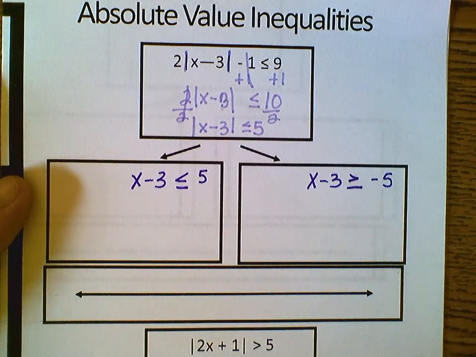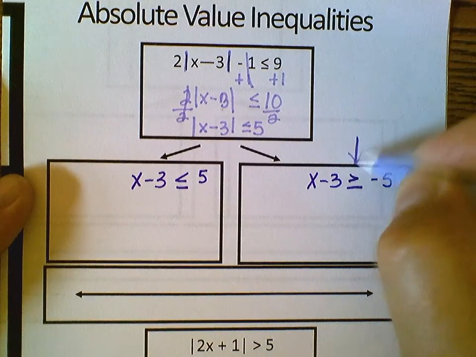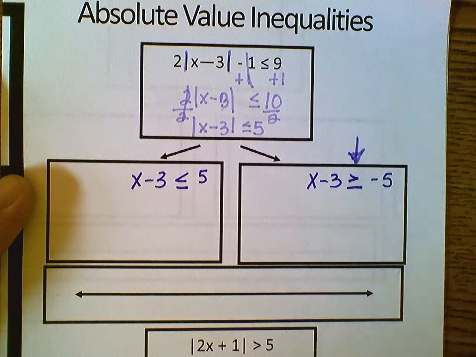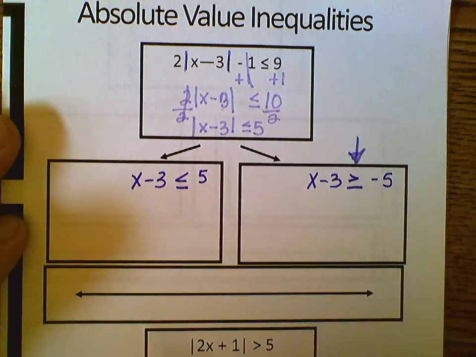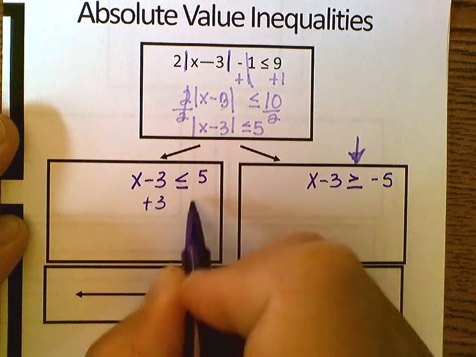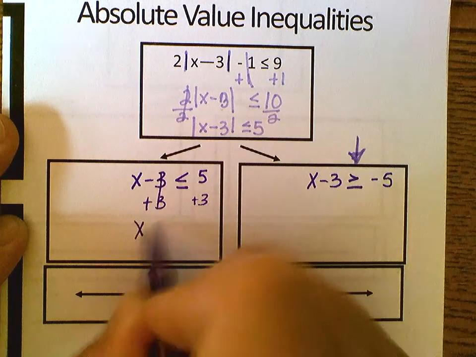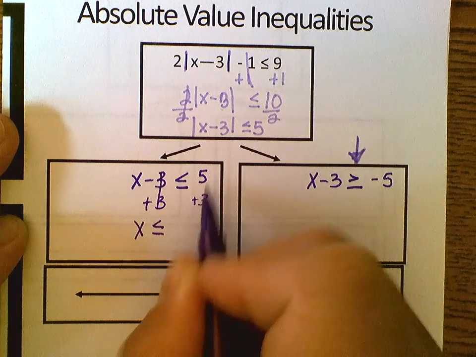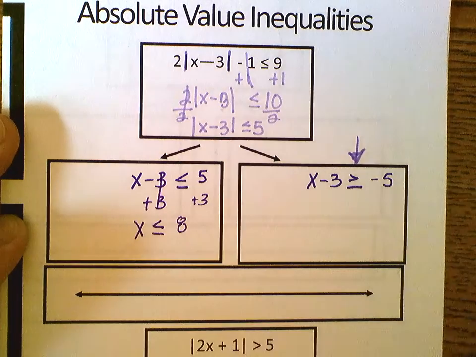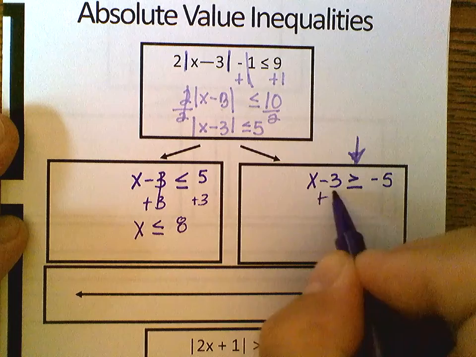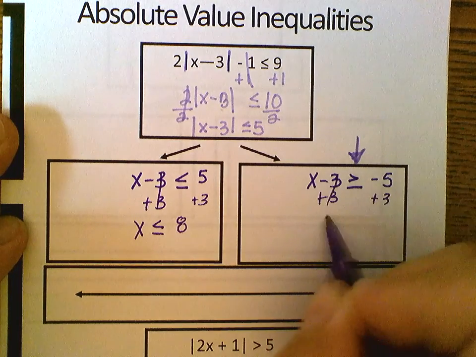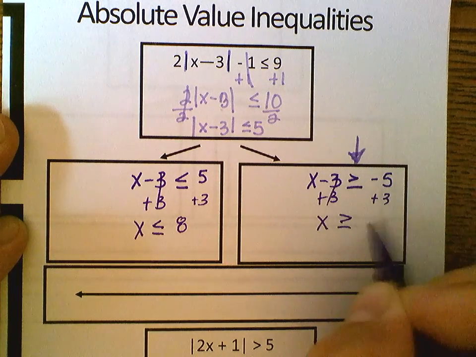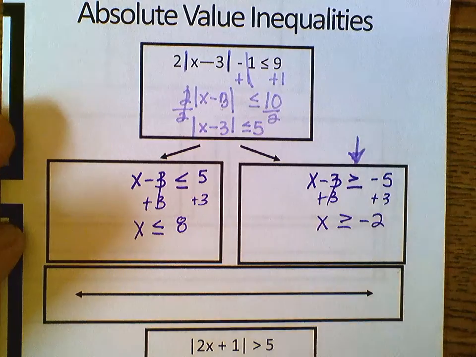So this is the new part. Everything else is the same. So I'll solve this. I got x is less than or equal to 5 plus 3 is 8. And I'll solve this one. So x is greater than or equal to negative 2.